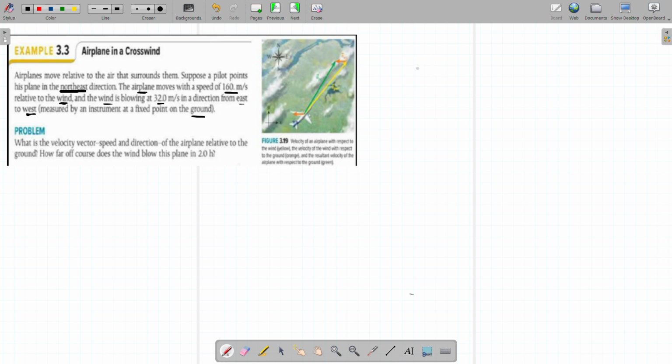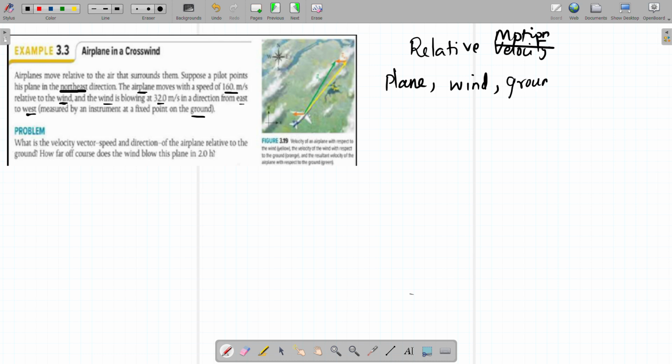And my dear students, this is the relative velocity topic, part of relative motion. Here first you have to count the number of objects. One is the plane, number two is the wind, number three is the ground.